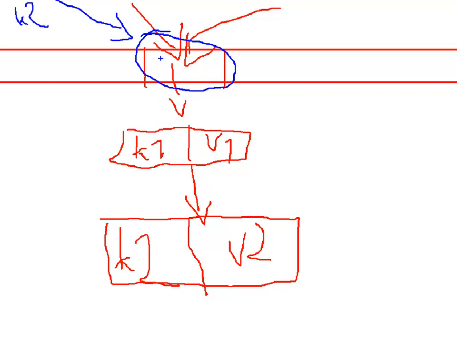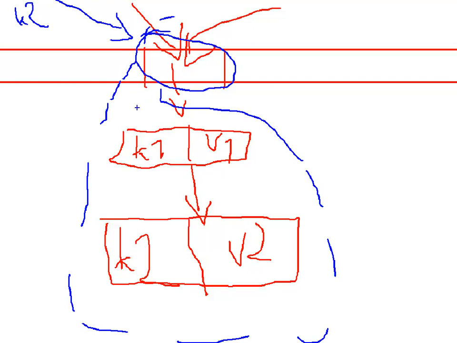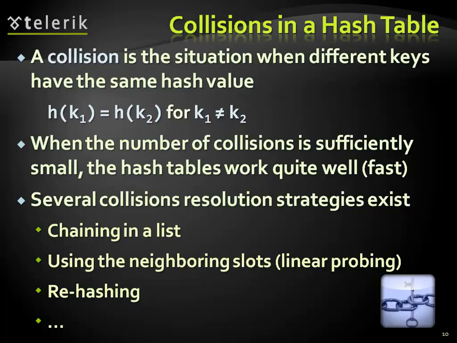So I do the hashing function. I get the position where these two are located. I start searching through this list. I go to the first element and see, is K1 equal to K2? Well, for example, it isn't. So then we go to the next element and check again. Is K2 equal to K2? Well, it is. And we get the value. That's finding when we have a collision.